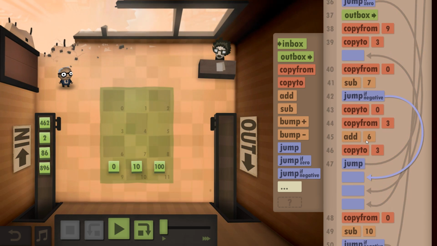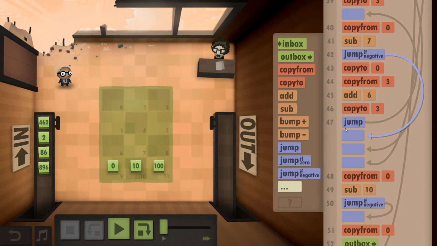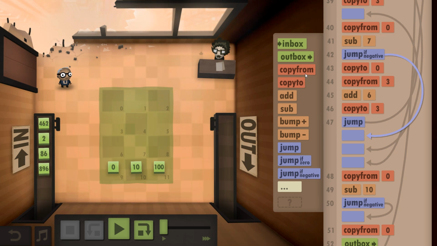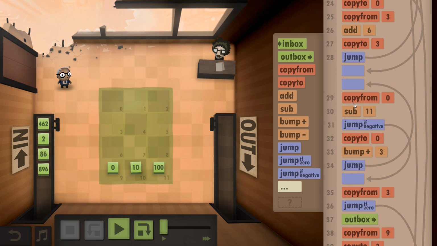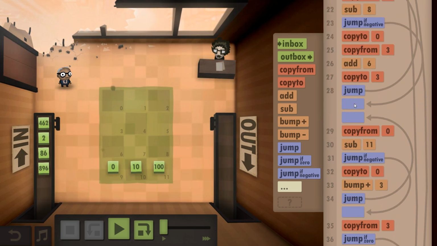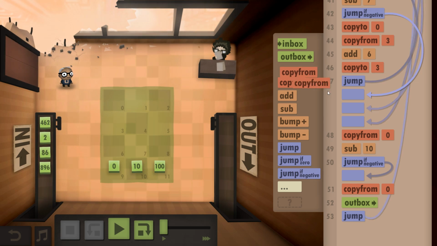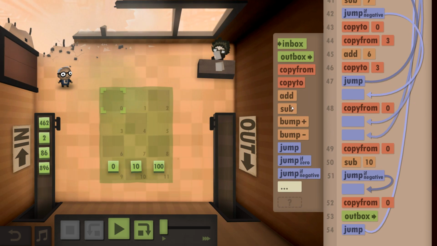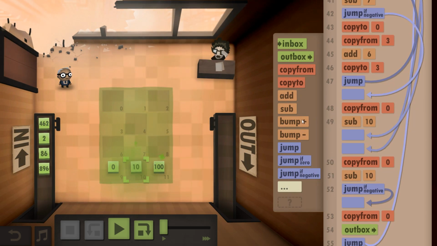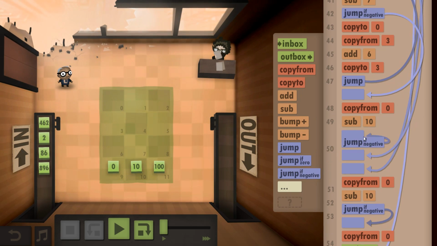If it's negative, I'll have to do tens. How did I do that here? Copy from 0. Yeah, just keep calm. Copy from 0. Sub 10. If it's negative, I'm done.